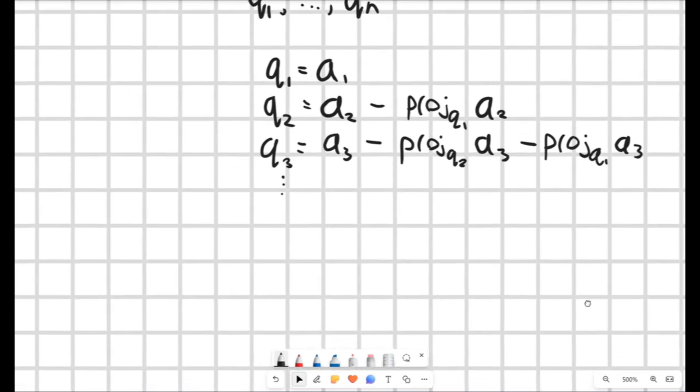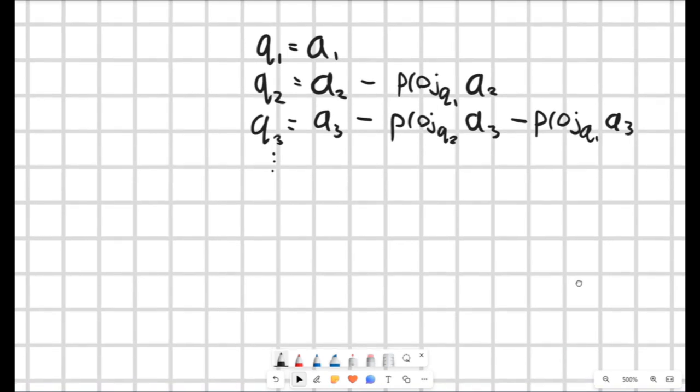And then often what we do at the end is we normalize all of our Q's so that they have unit length. So in other words, we normalize them afterwards so that Qi transposed Qi is always equal to 1 for all of our Q's from Q1 to Qn, in which case they become orthonormal rather than just orthogonal.